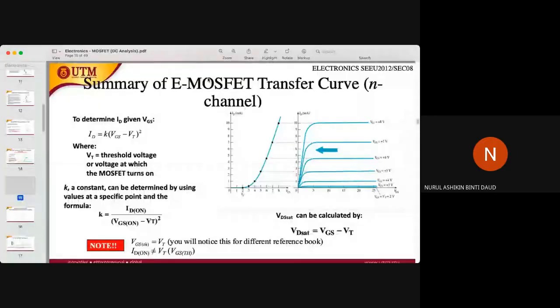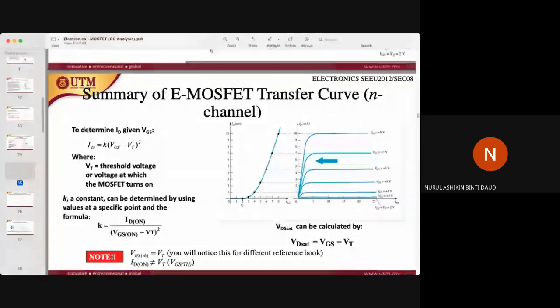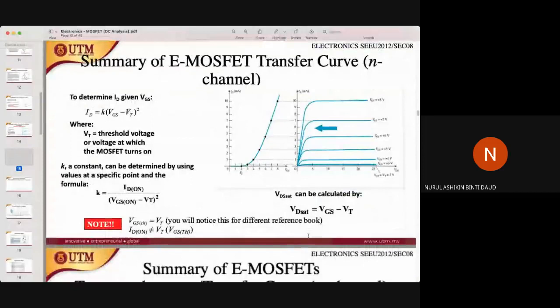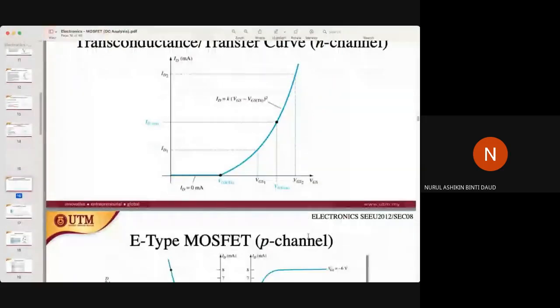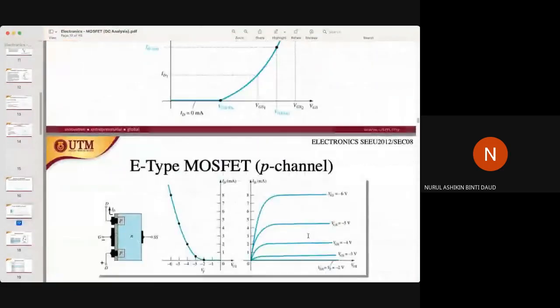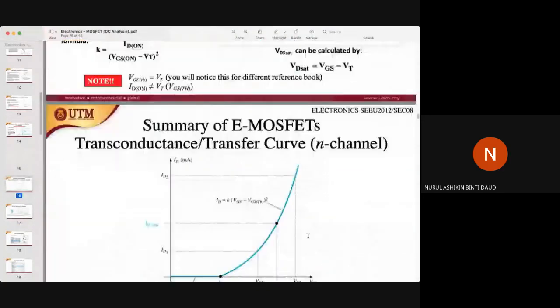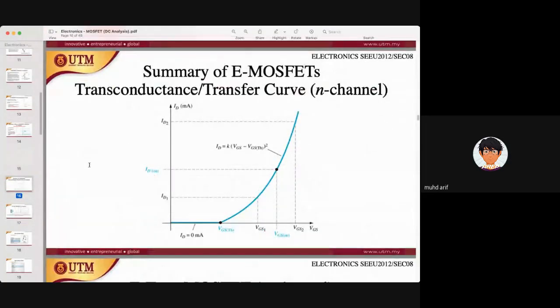Okay, wait ya. Okay, now jalan tak? I'm moving the slide. Is it moving or not? Dia berjalan.